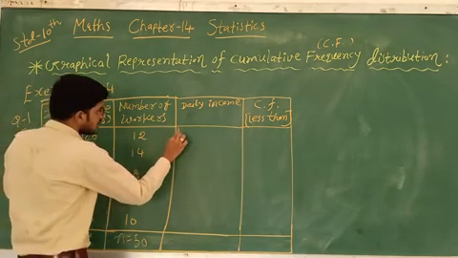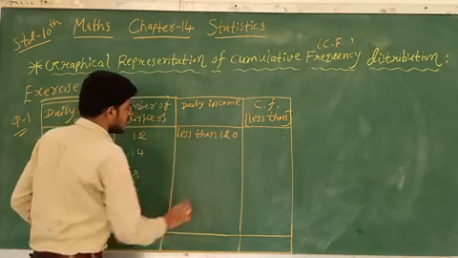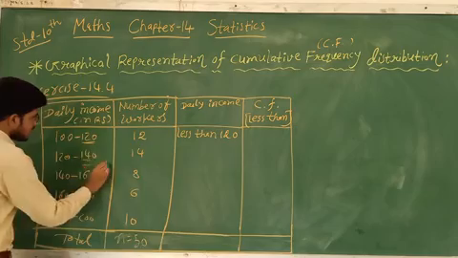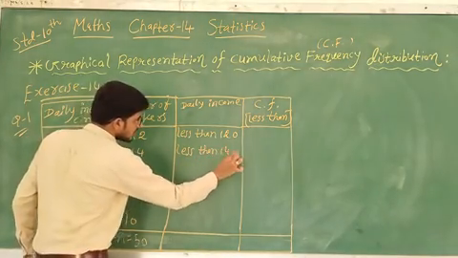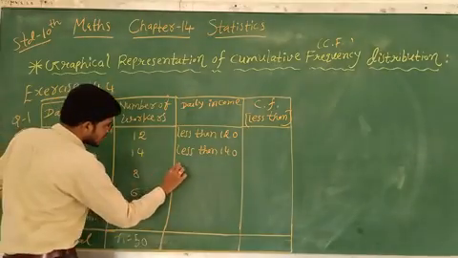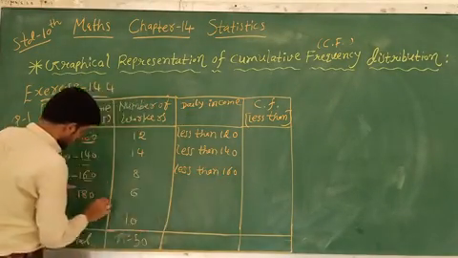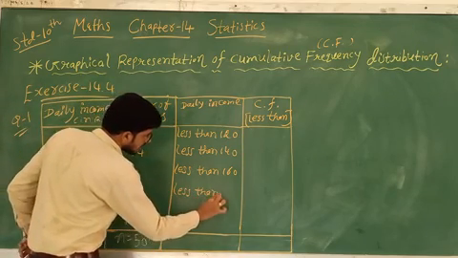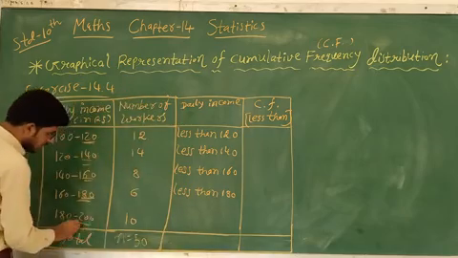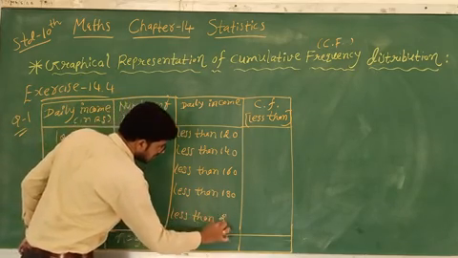So here we can write less than 120, less than 140, third one is less than 160, fourth one is less than 180, and last is less than 200.